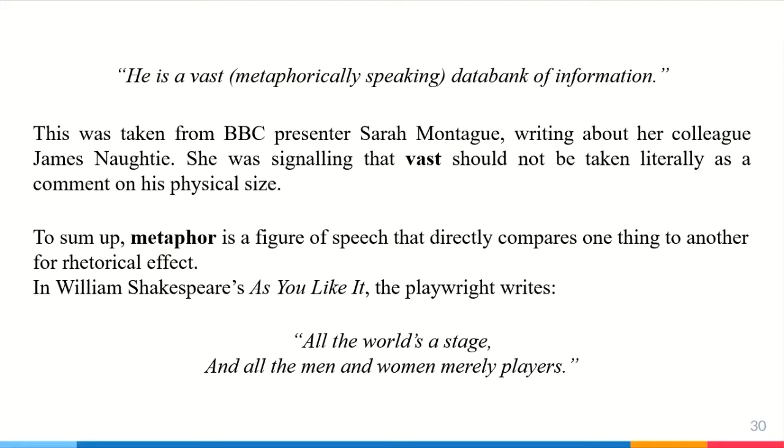Readers were to do their interpretation by contemplating how the main features of a vast data bank of information could help one form an impression of the nature of her colleague, that she rated him as extremely knowledgeable.